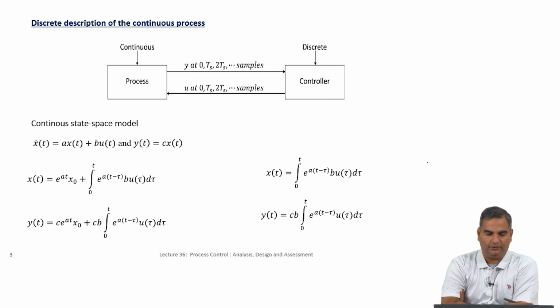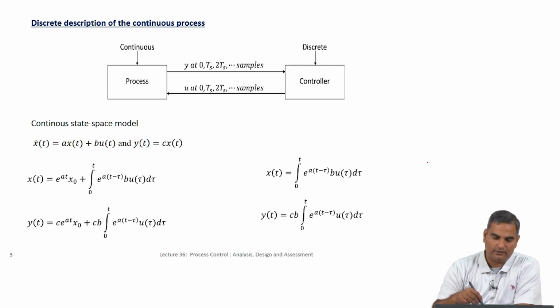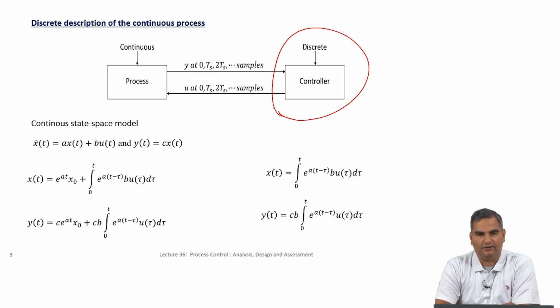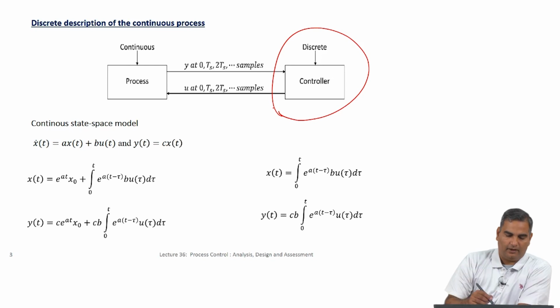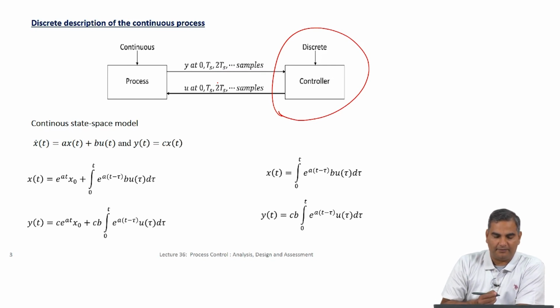Now, coming back to the question of how you are going to relate the y's to the u's. Now that we have thought about the whole controller itself as a discrete controller, the model predictive controller, this is a discrete block, whereas a true process is really a continuous process. However, what we are saying is we are going to take samples at different sampling times. First sample at time equal to 0, the second sample at Ts, 2 Ts, and so on.